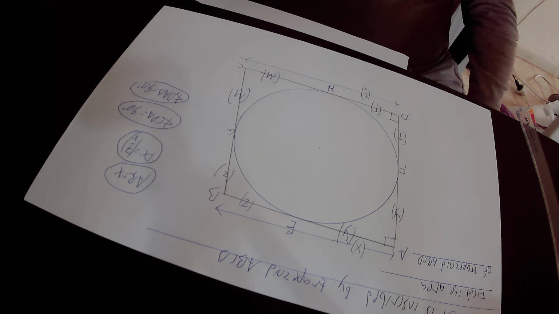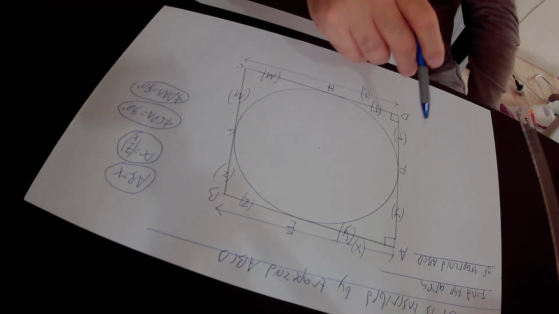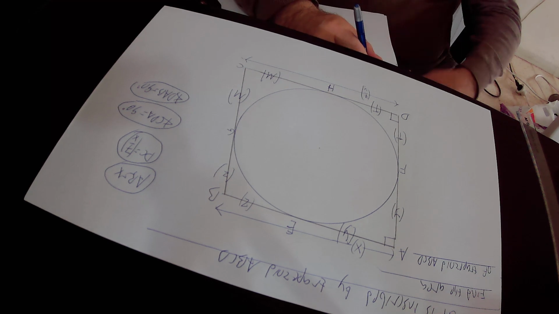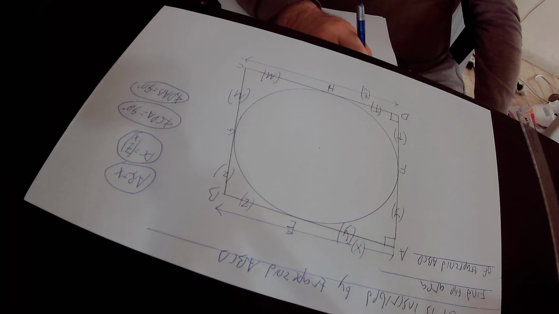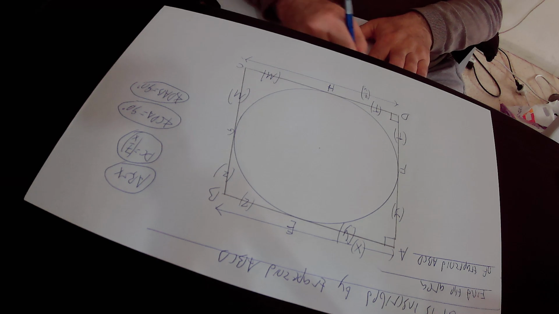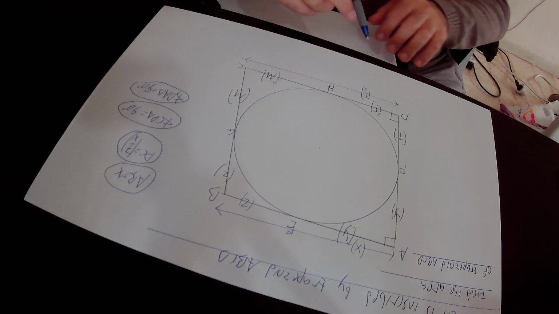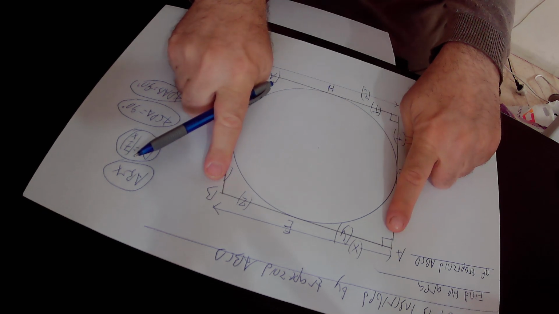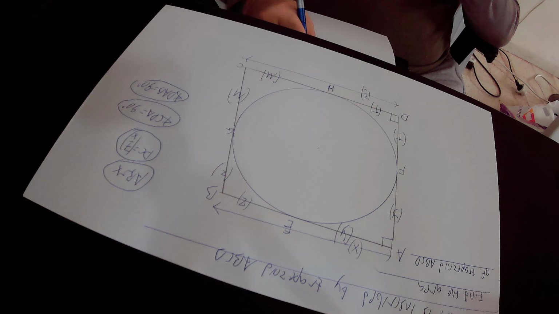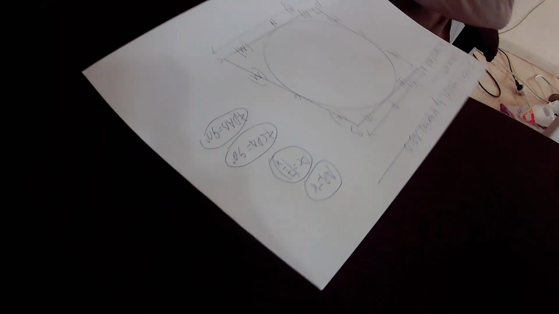So what is the length of side AB plus side DC? Side AB plus the opposite side, side DC of this trapezoid ABCD. Actually, side AB equals Y plus Z, plus side DC.